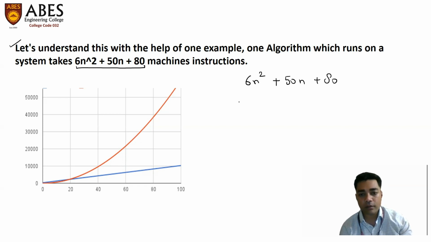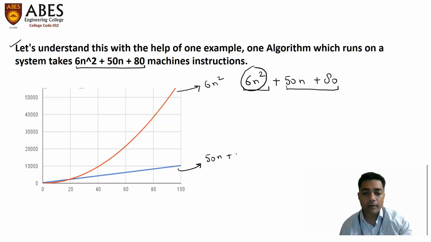On the basis of these instructions, separately, we have drawn a graph. Now, 6n square is drawn by the red line. This red line is representing 6n square. And this blue line is representing 50n plus 80.